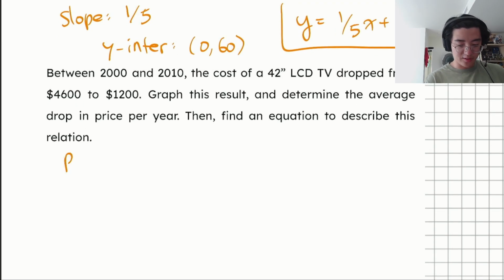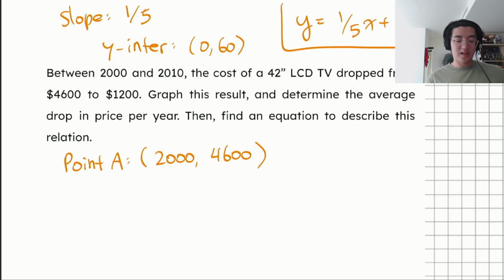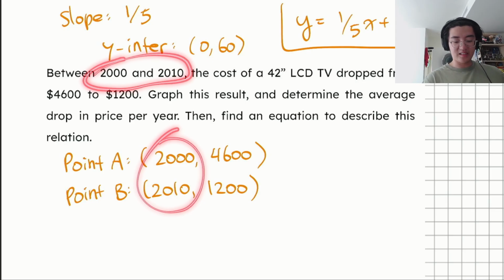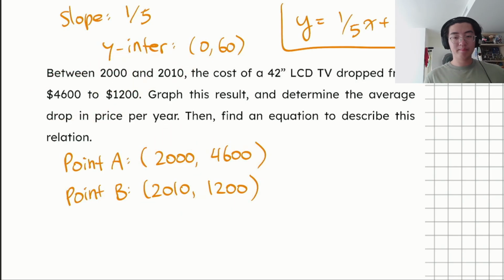So for our first point, let's say point A here, the year 2000, it cost $4,600. And at the year 2010, it's 1,200.